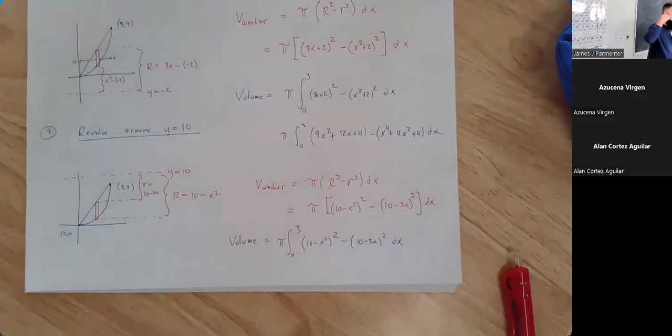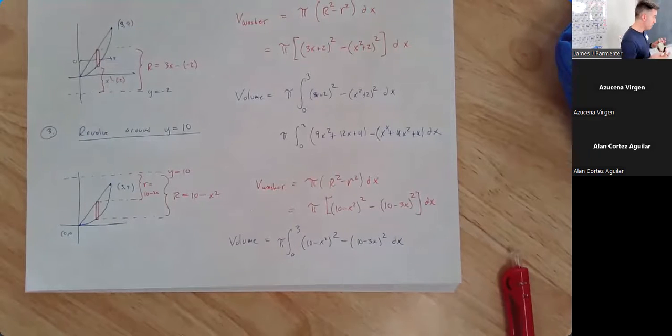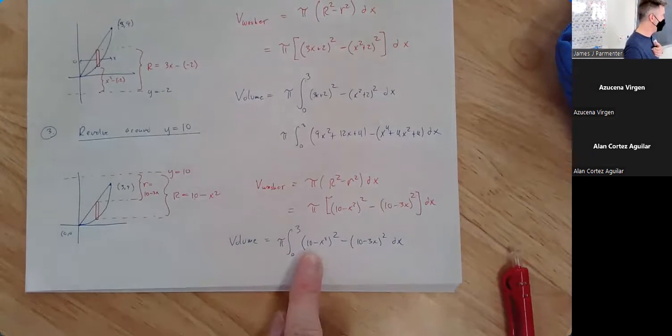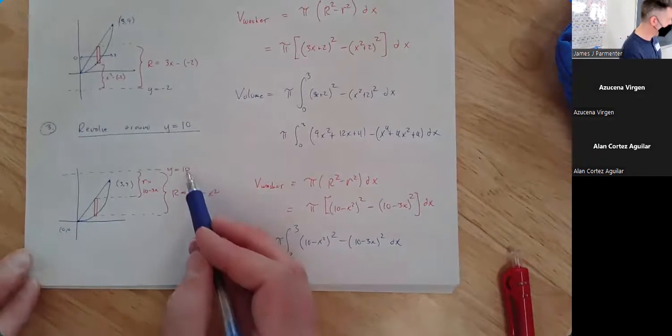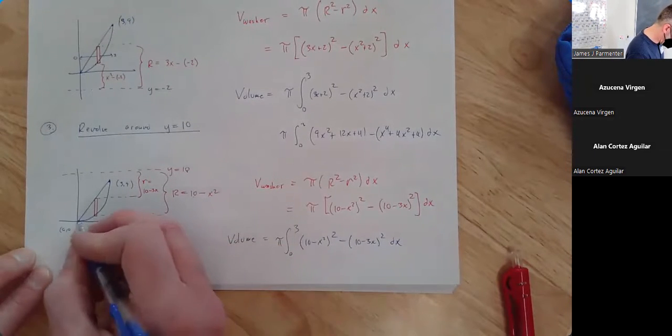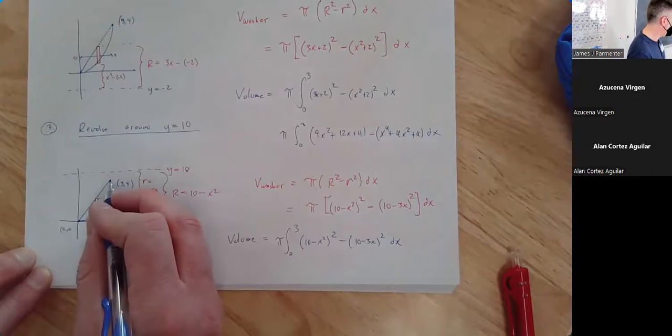So what I'll say is technically it doesn't matter, because whether 10 minus x squared or x squared minus 10 is positive or negative, since we end up squaring it, it's going to be positive in the end. But the reason I'm subtracting 10 minus x squared is because 10 is the larger value and x squared is the smaller value. Right?